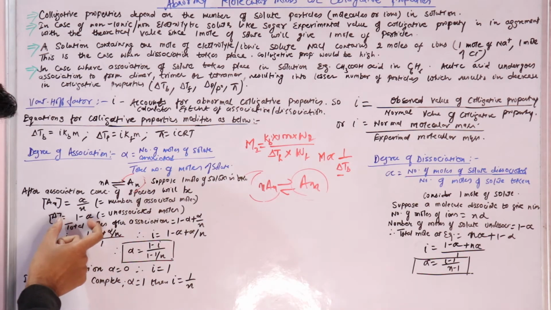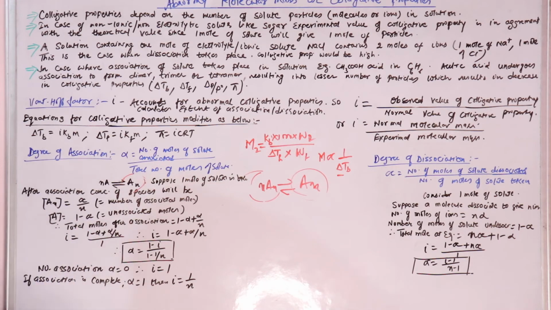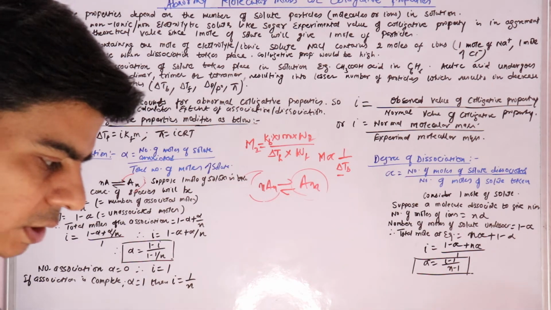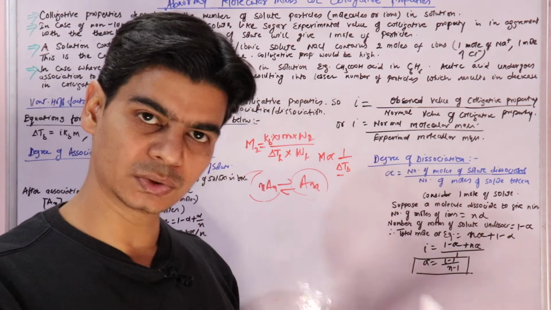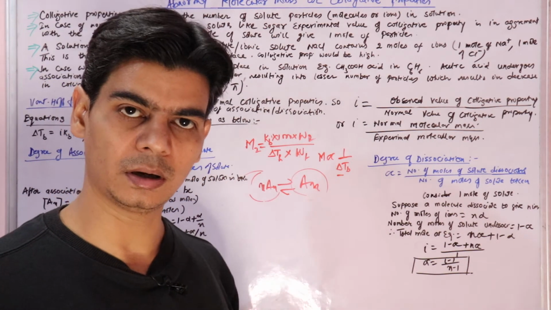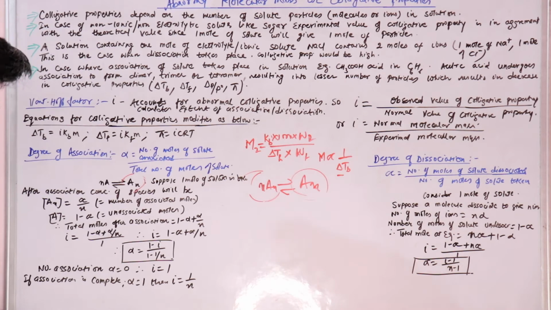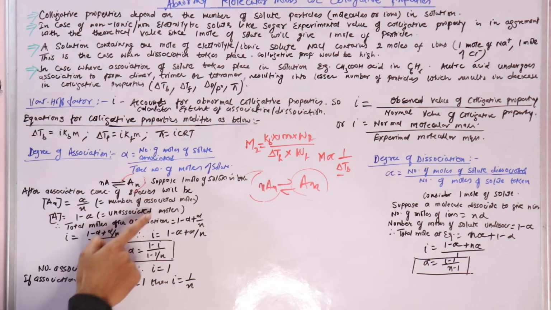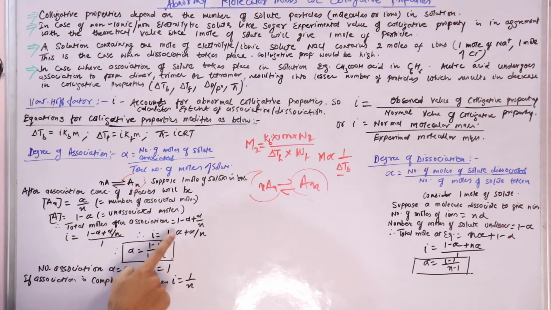Alpha is the degree of association, so the unassociated moles would be 1 minus alpha, because we have already taken 1 mole of solute. So the total number of moles after association would be associated moles plus unassociated moles, which is alpha upon n plus 1 minus alpha.